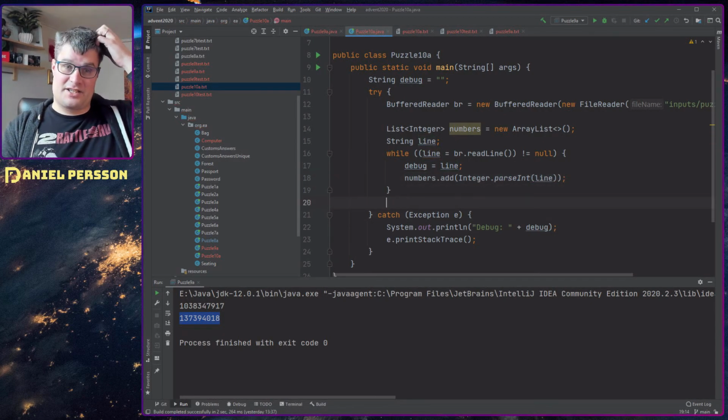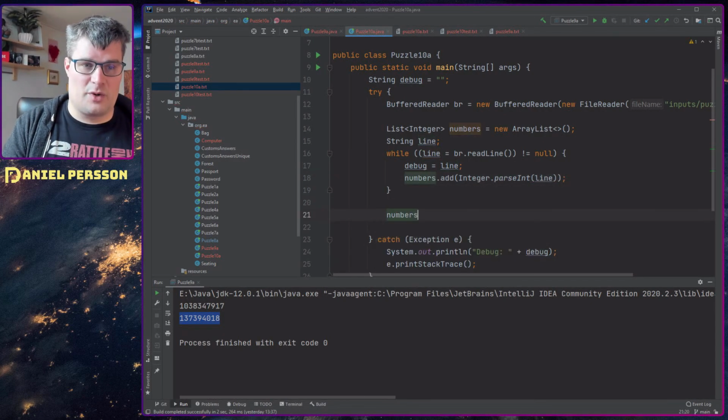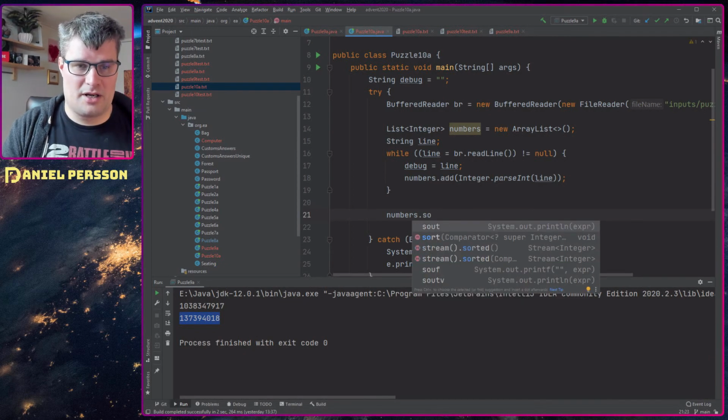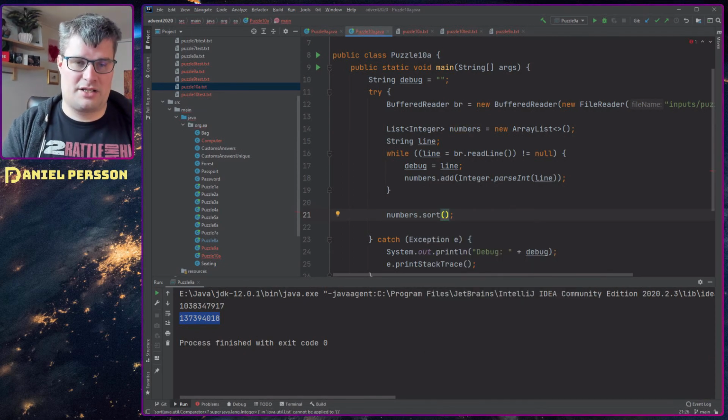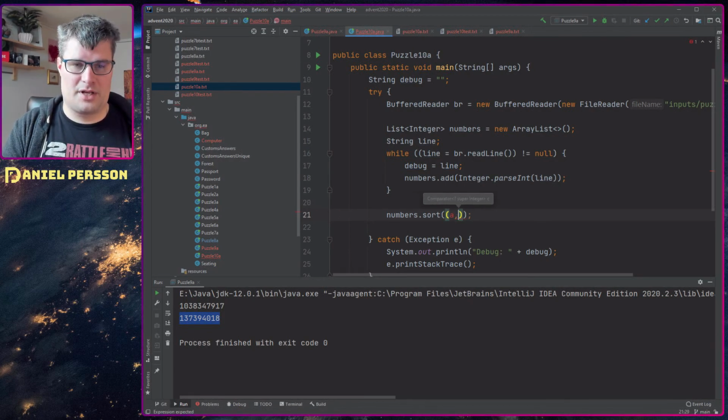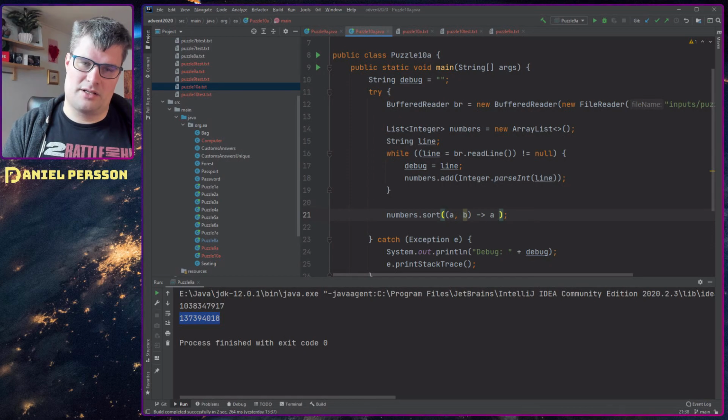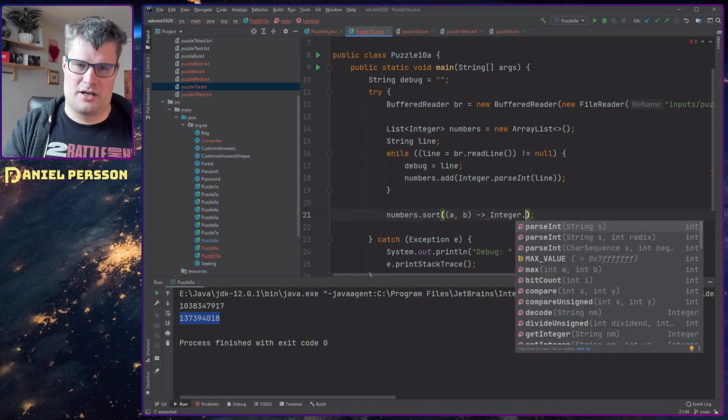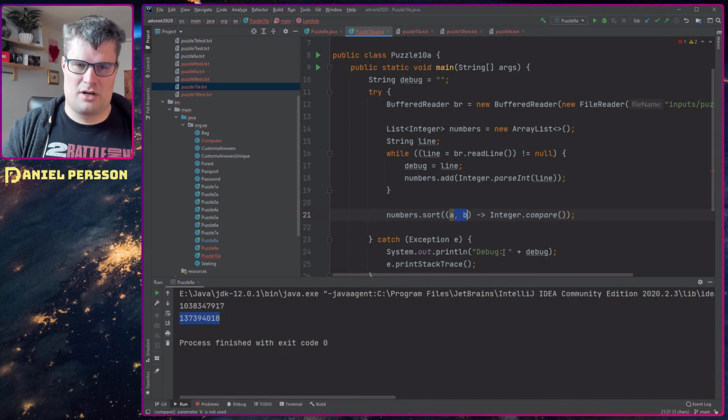Because if we have a list of numbers, we can actually sort it. So we sort this using a comparator a, b, and if a is larger than... let's see here, how is the sort algorithm? Or we can just do an Integer.compare, I believe, and we just remove this.